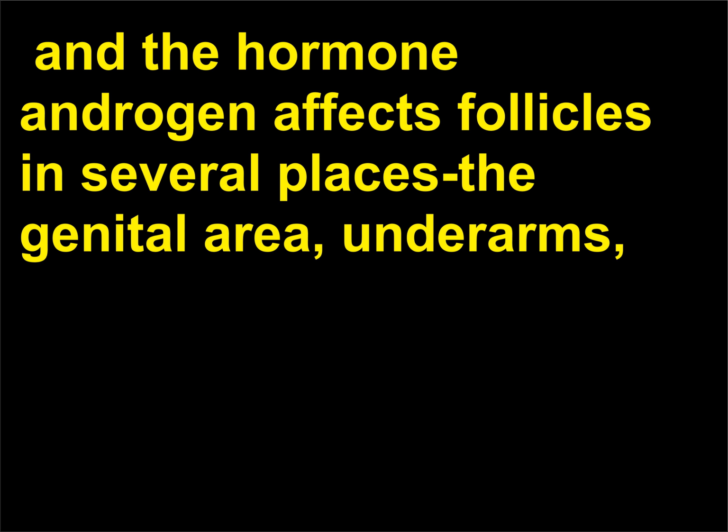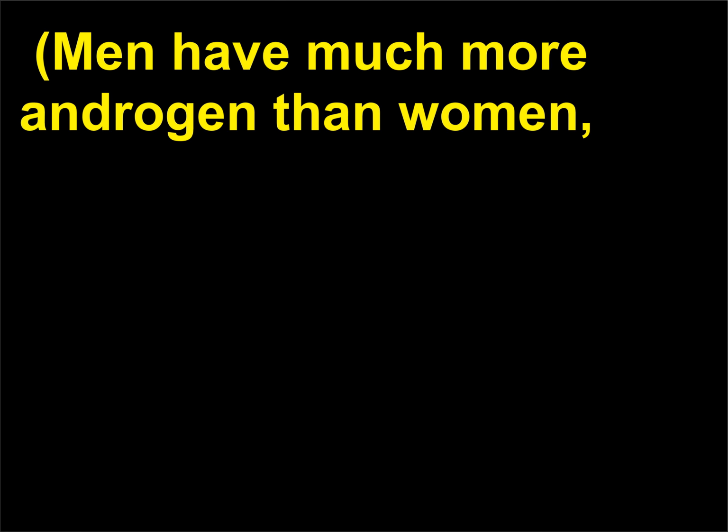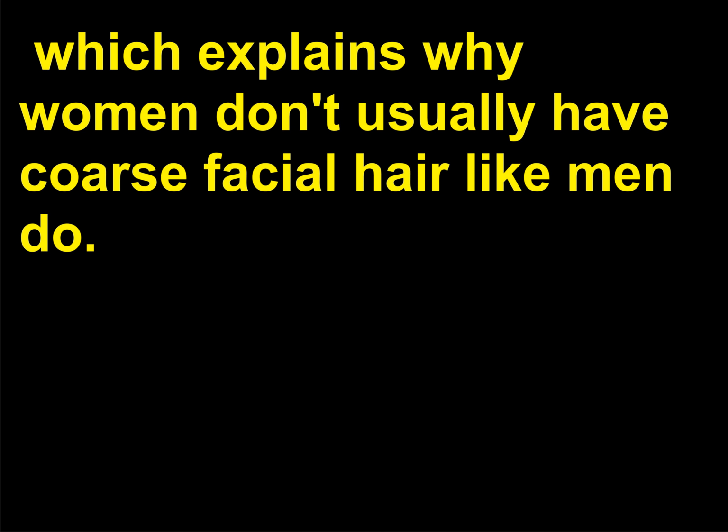And the hormone androgen affects follicles in several places: the genital area, underarms, and facial hair, changing those follicles during puberty to produce a thick, curly kind of hair. Men have much more androgen than women, which explains why women don't usually have coarse facial hair like men do.